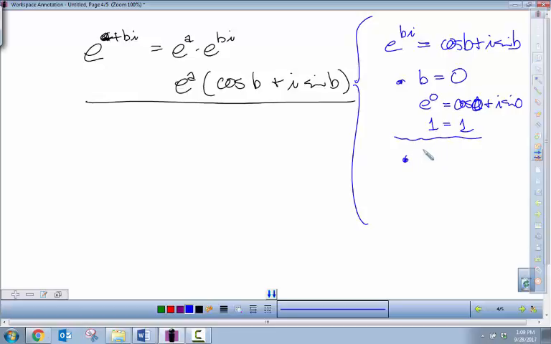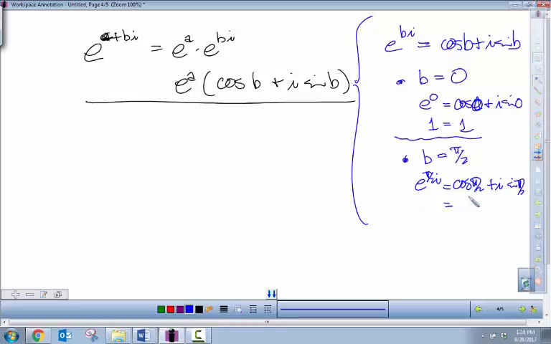Let's take a look at another b. Now this b looks like it could be an angle, right? So let's pick an angle like pi over 2. That's not bad. So e to the pi over 2 i is equal to cosine of pi over 2 plus i sine pi over 2.